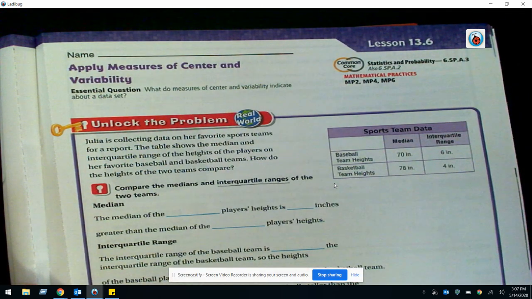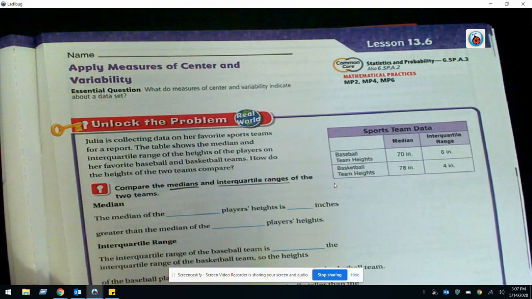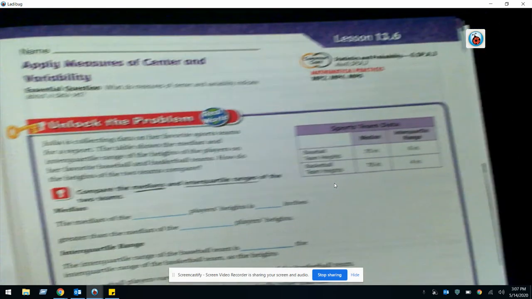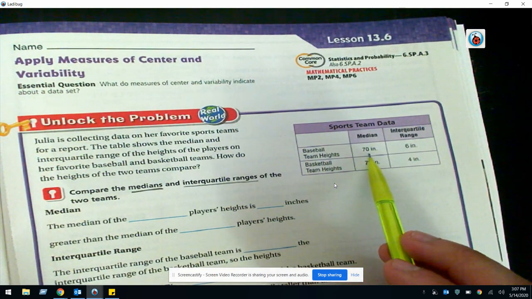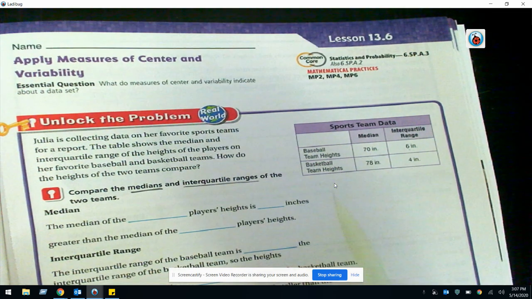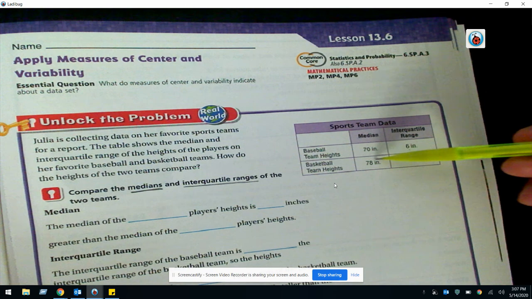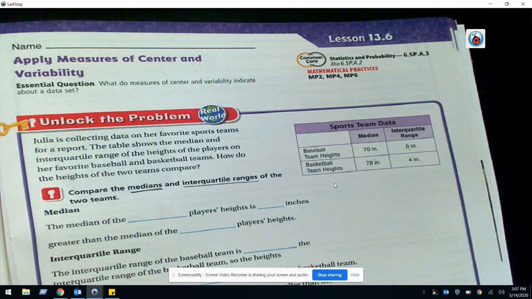And then with the medians, we've worked with the medians in the past as well as ranges. So if you look to the right, the baseball team's heights, the median is 70 inches, and the interquartile range is 6 inches. The basketball team's median height is 78 inches, and the interquartile range is 4 inches. So what that means is we have to fill in the blanks now.